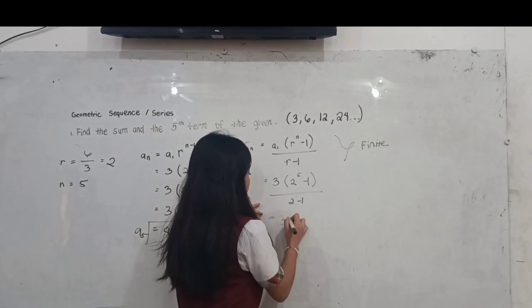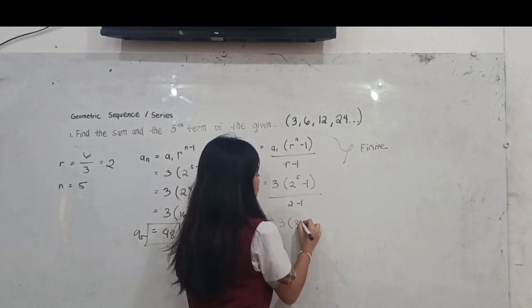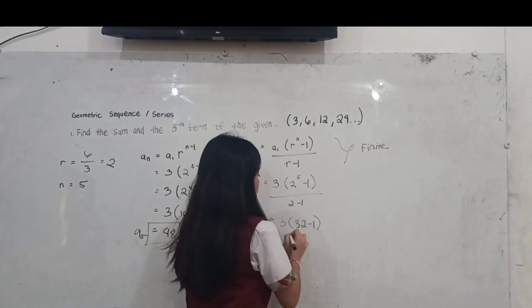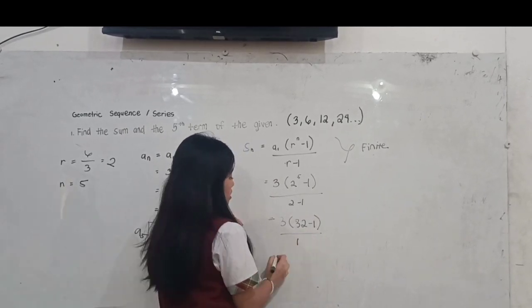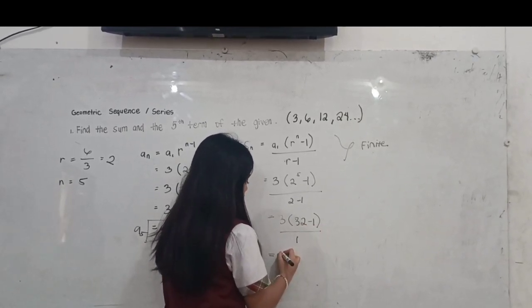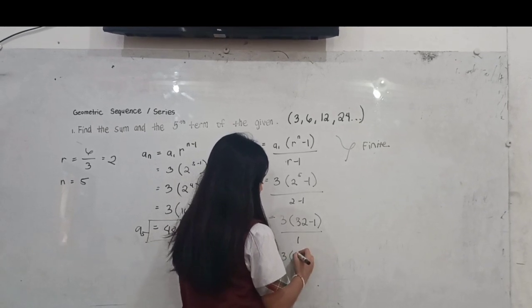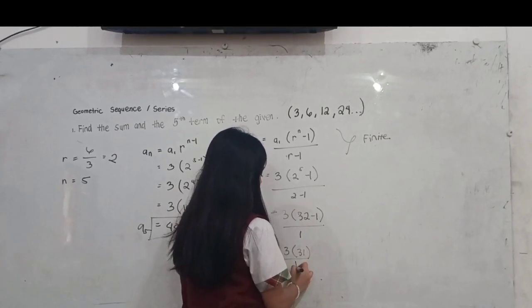So 2 raised to 5 is equal to 32. 32 minus 1 over 2 minus 1, which is 1. Next, we're going to subtract. So 32 minus 1 is equal to 31 over 1.